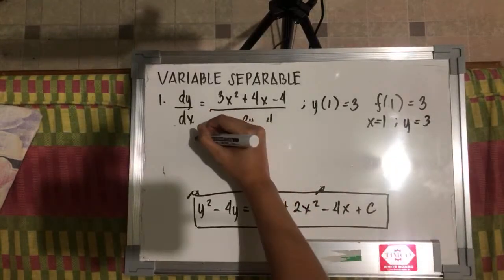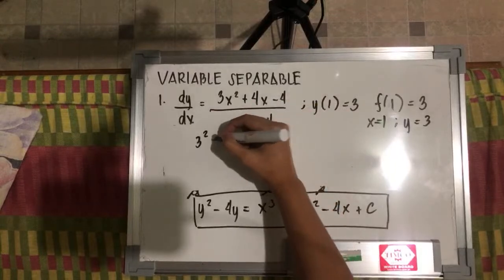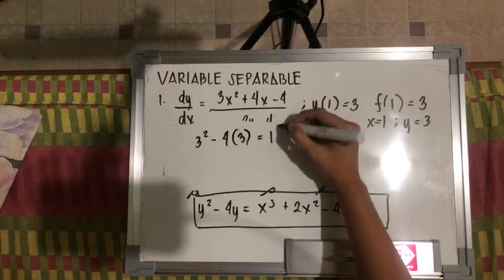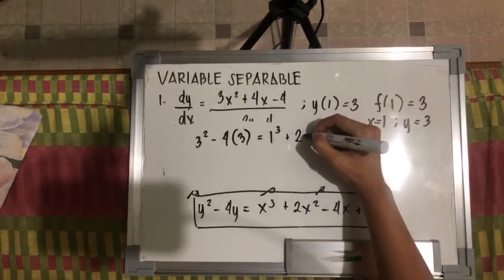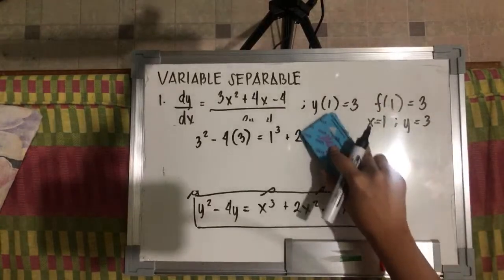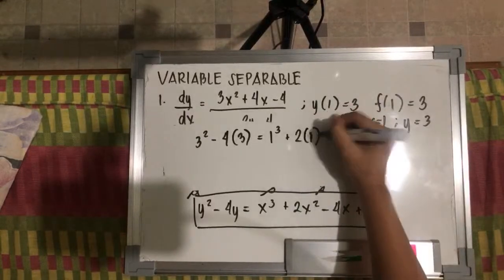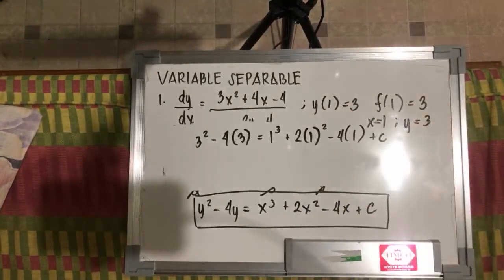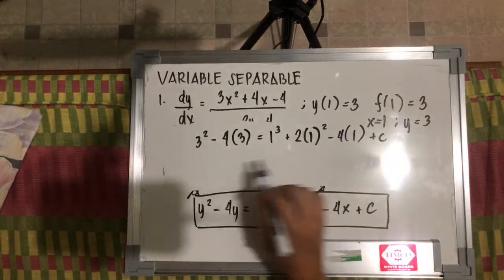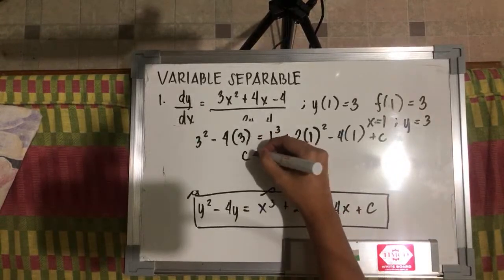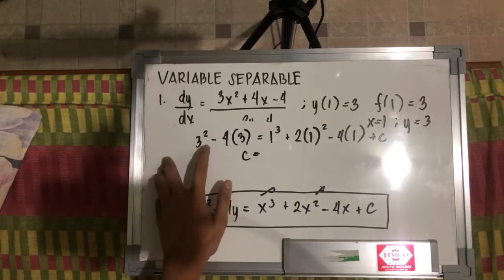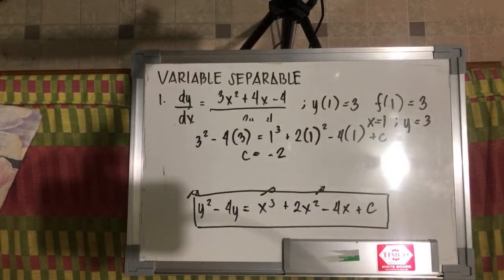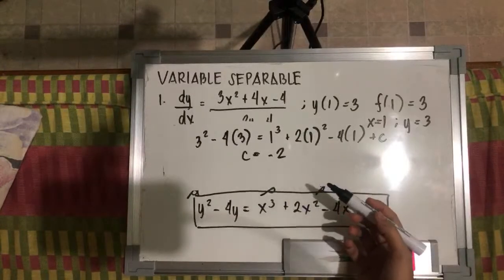So, substituting, magiging 3 squared minus 4 times 3 is equal to 1 cubed plus 2 times 1 squared minus 4 times 1 plus c. So, kapag sinimplify natin to, makukuha natin yung value ni c, which is negative 2. So, nakuha na natin yung value ni c.